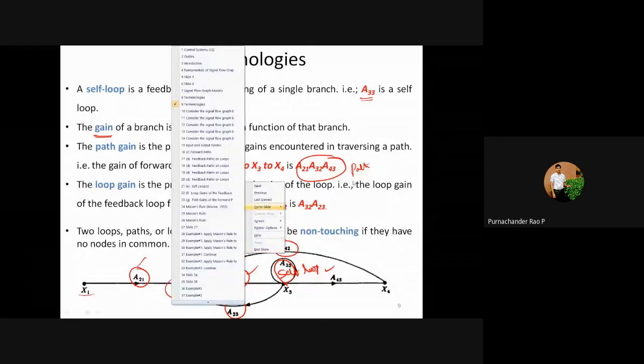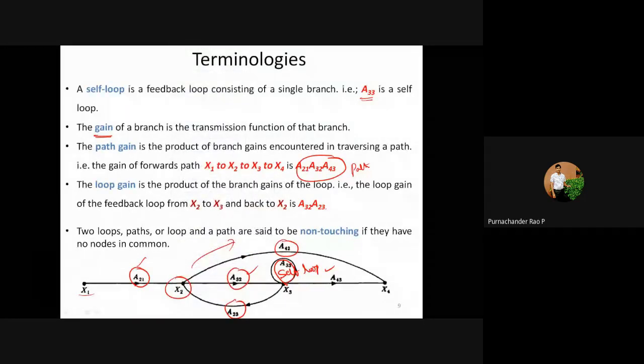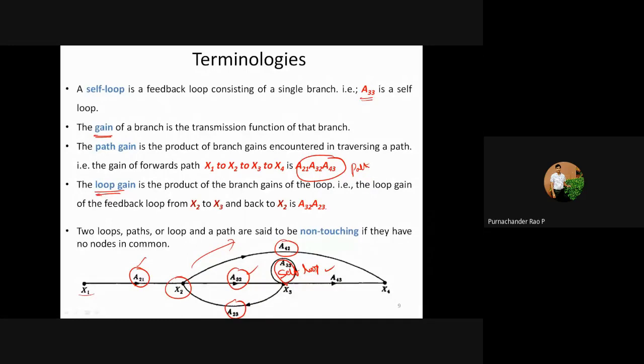The next one is the loop gain. Whenever you take a loop, like this one here, the gain is a32 and a23. In this way you have to find the loops.